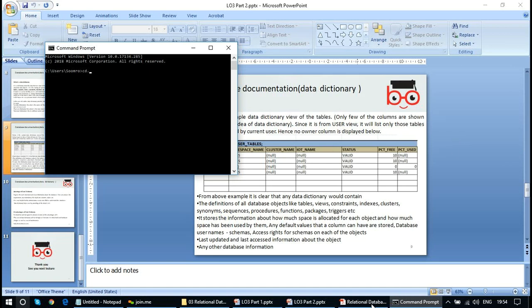And that was about part 2 of learning outcome 3. And learning outcome 3, part 3, is basically on database testing.